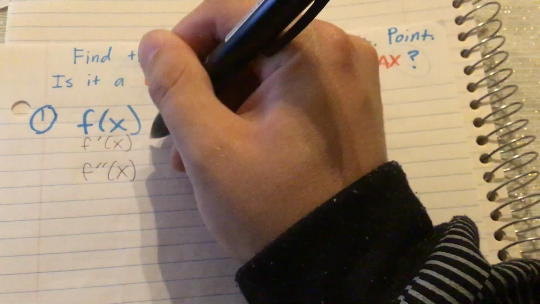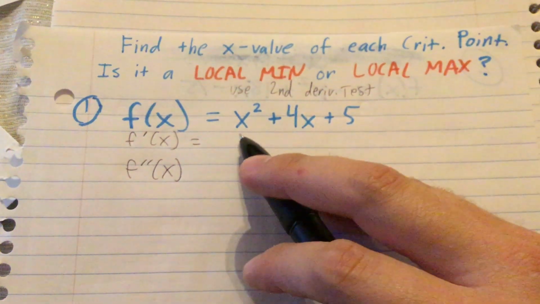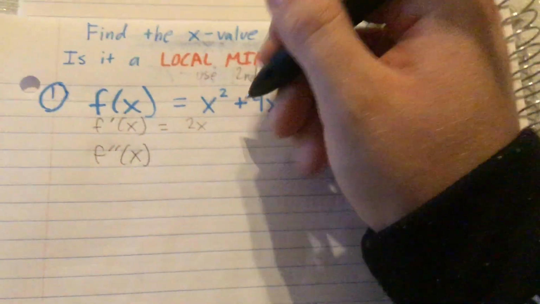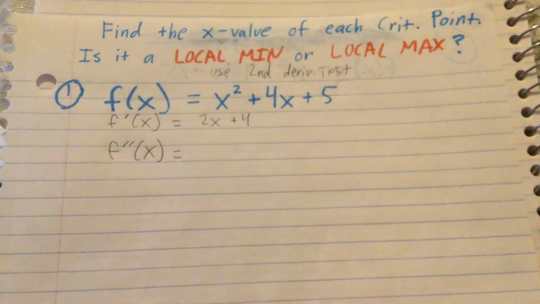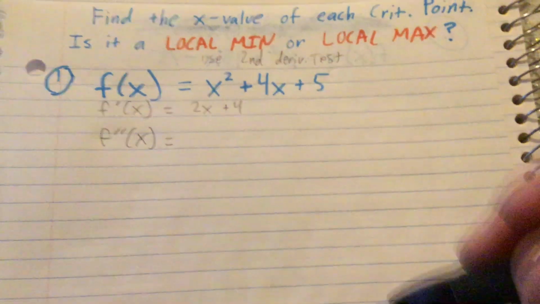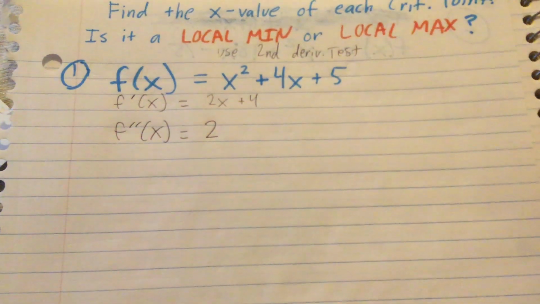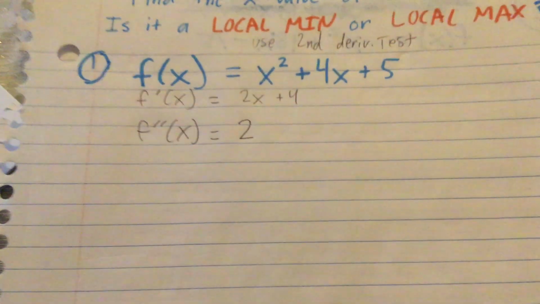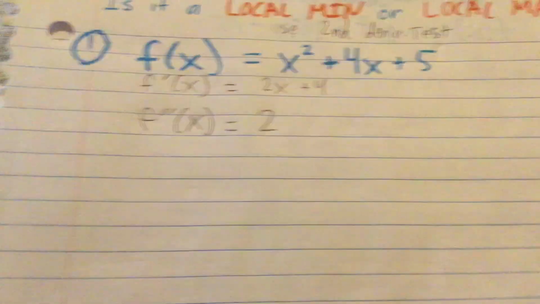So f prime of x, for problem number 1 with x squared plus 4x plus 5, is 2x plus 4. And then the derivative of that: the derivative of 2x is just 2, and the derivative of 4 is just 0. So in this case, it's a little bit different, but if you can master a quadratic, you can master everything.